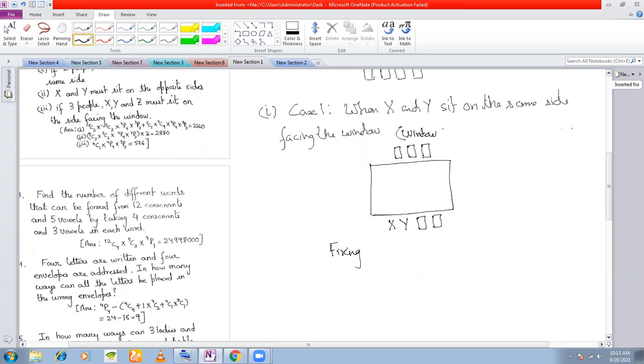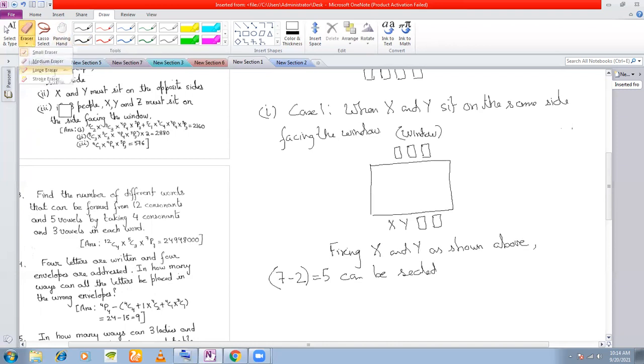Fixing X and Y as shown above. How many people are there? 7 people. So 7 minus 2, because 2 I have already fixed. 7 minus 2 equal to 5 can be seated, can be, let's say, chosen.